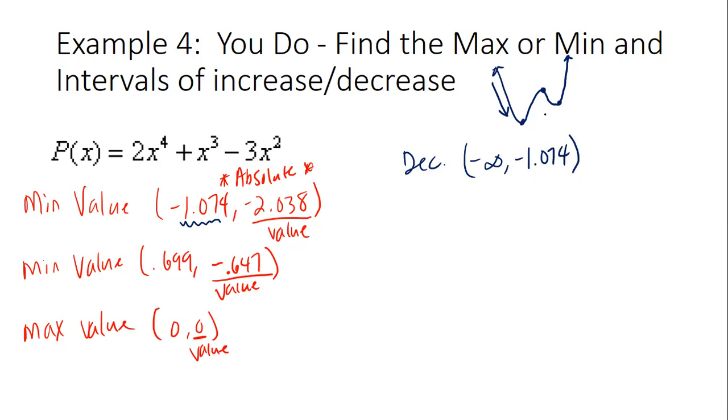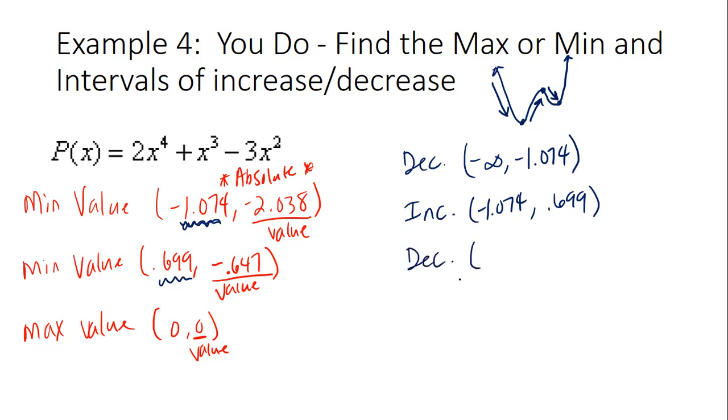Then from here to here, we are increasing. The first x value is still -1.74, and the next x value is 0. That's our increase. Then we do another decrease from this point to this point, focusing only on the x values.